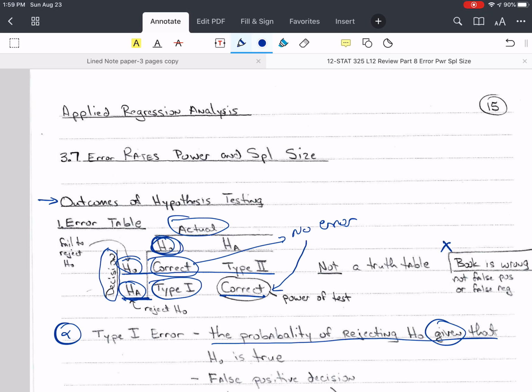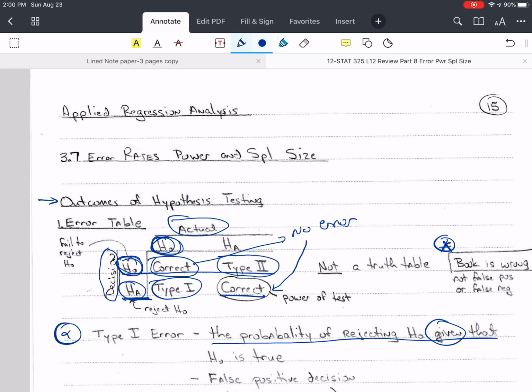By the way, unfortunately, the book is quite wrong with this table and how they describe some things, so please use this video instead for the details. If we fail to reject H naught, but H naught is not true, in other words, the alternative is true, that's called a type 2 error.